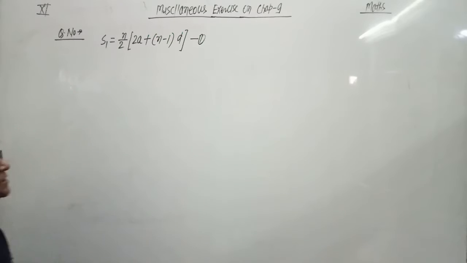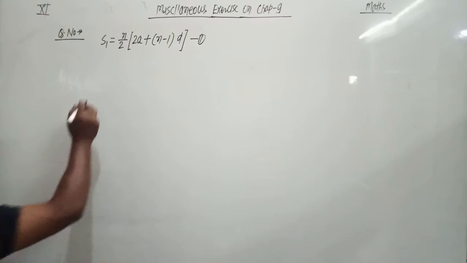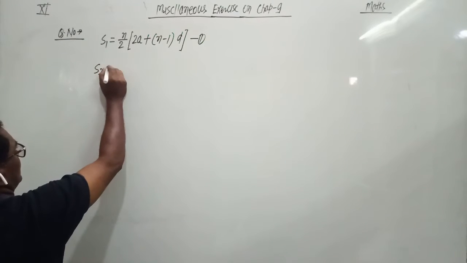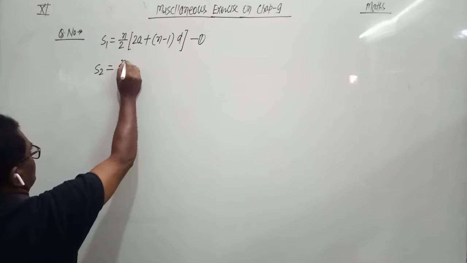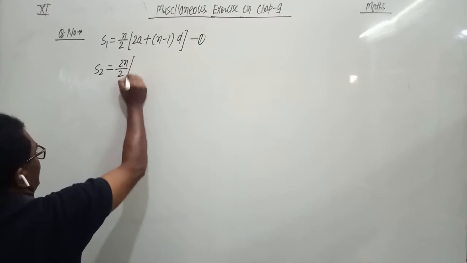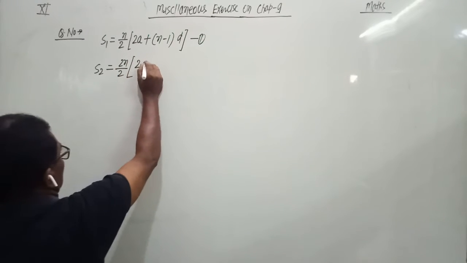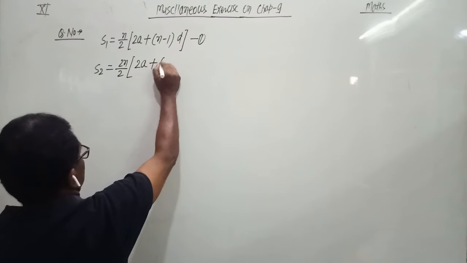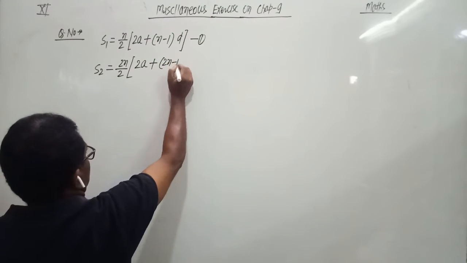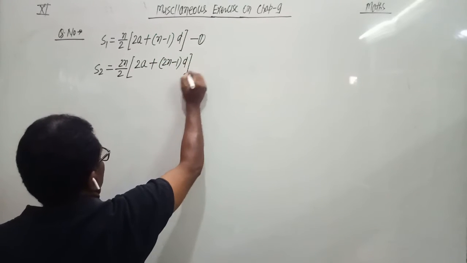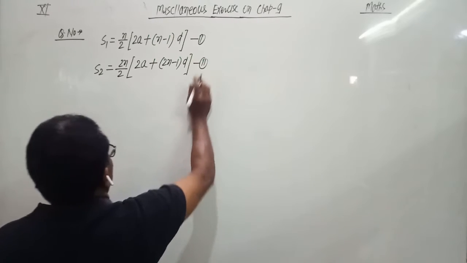This is the first equation. And S2 is the sum of 2n terms of an AP. S2 equals 2n by 2 into 2a plus 2n minus 1 into d. This is the second equation.